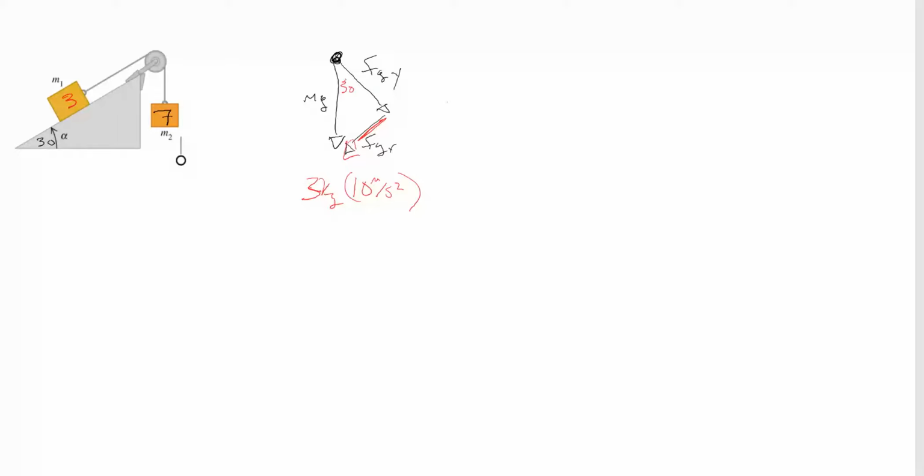So I'm looking for the opposite, so I'm going to use sine of 30. And anytime it's the sine of 30, it's 0.5. So 3 times 10 times 0.5 is going to be 15 newtons. So the force of gravity in the x that's moving my 3 kilogram block down the incline is 15 newtons.